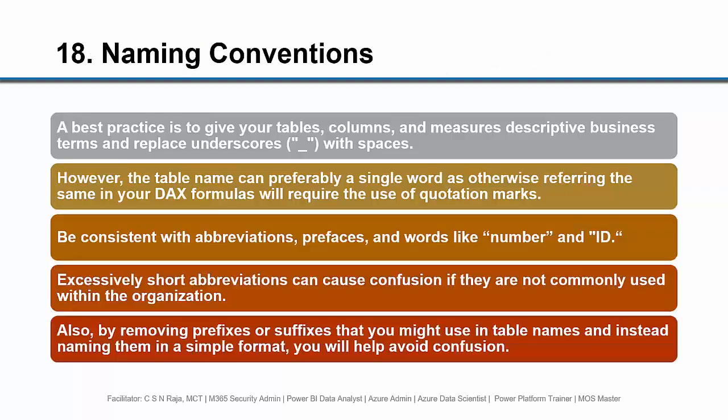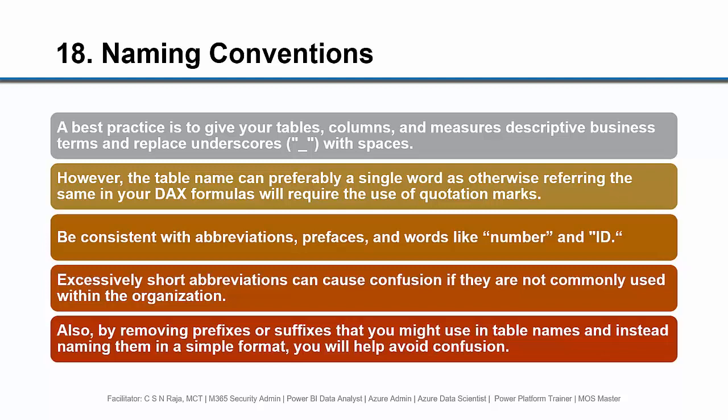The naming conventions are something that is important. A best practice is to give your tables, columns, and measures descriptive business terms and replace underscores with spaces. However, the table name should preferably be a single word, as otherwise, referring to it in your DAX formulas will require the use of quotation marks.